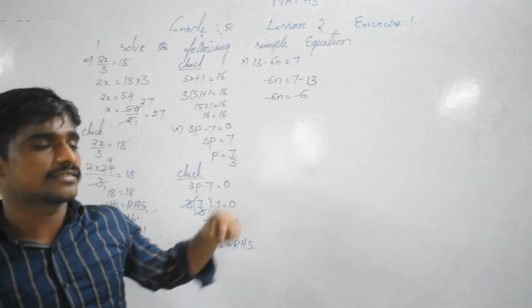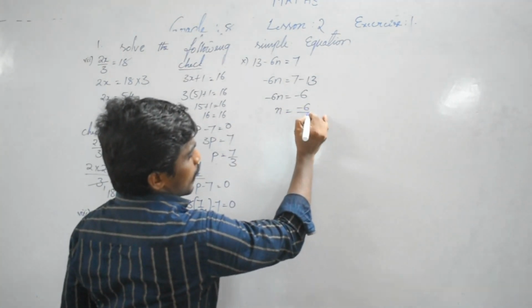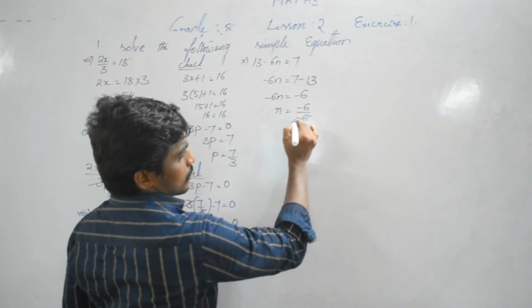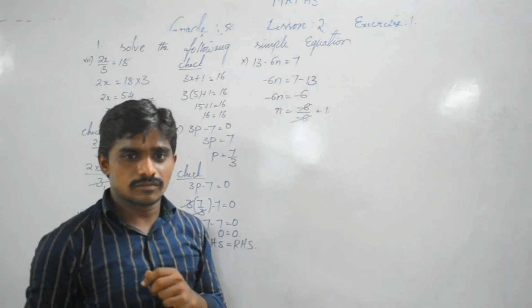So minus 6. So n equal to minus 6 by minus 6, 1. Here n value how much? 1.